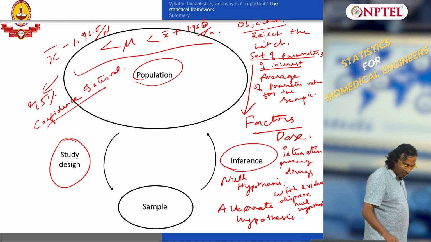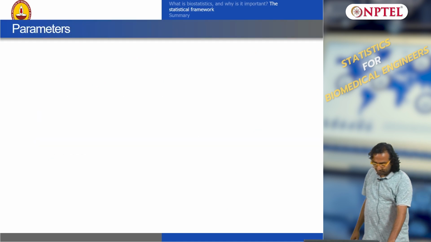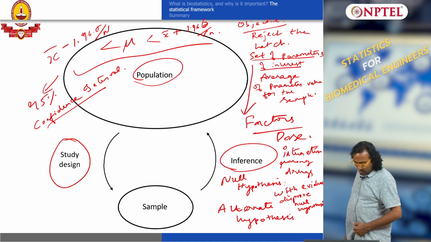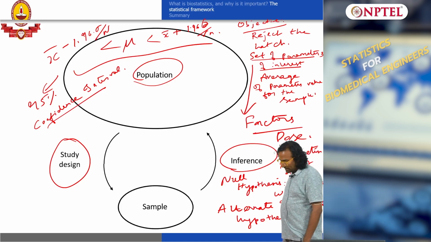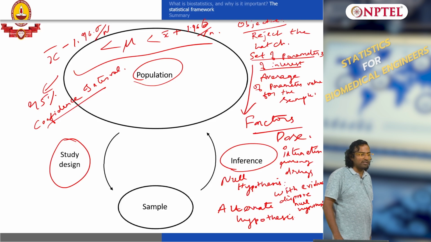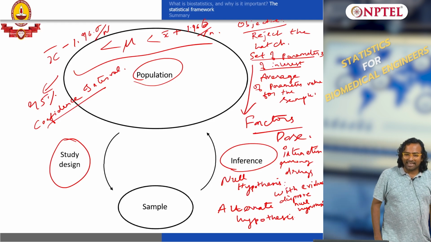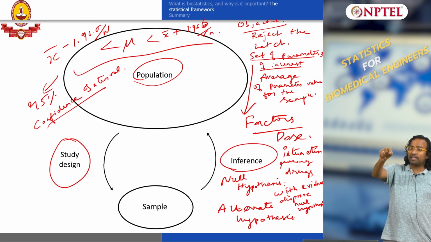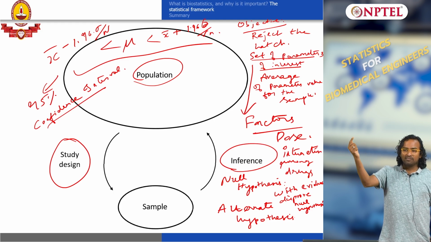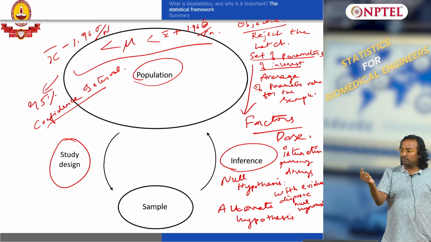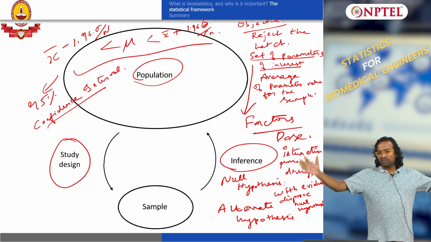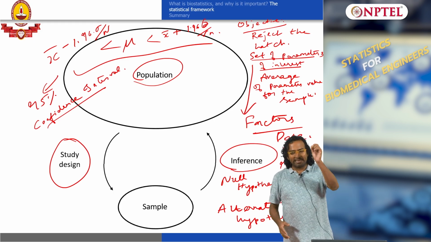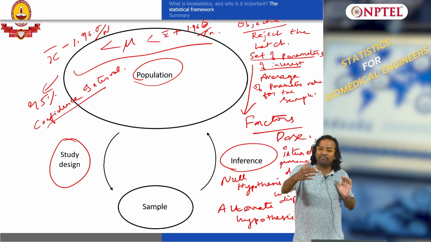So the overall flow is: you have a population, you make a study design, you have a sample, and then you start inferencing using statistics. Then why do we call it statistics? Remember, we have a vector of parameters, but that parameter set is for one entry in a sample. Your sample size could be n, a large number, let us say 10,000 or 100,000, and for each entity you will have 10 parameters.